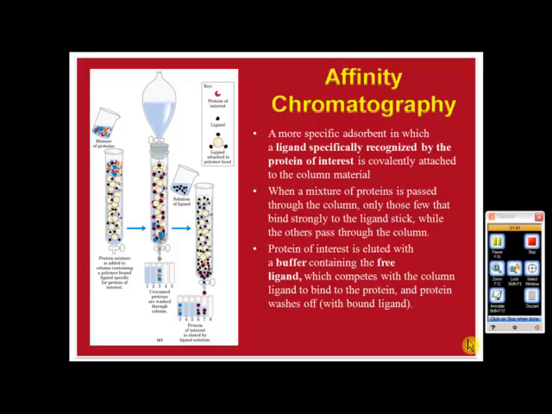Here you can see this is the column, containing the resin, and the black dot is the ligand. For example, assume that is nickel. You pass all these proteins and only the red protein specifically binds to your ligand, while all the blue proteins, which are not bound to your ligand, are eluted out.